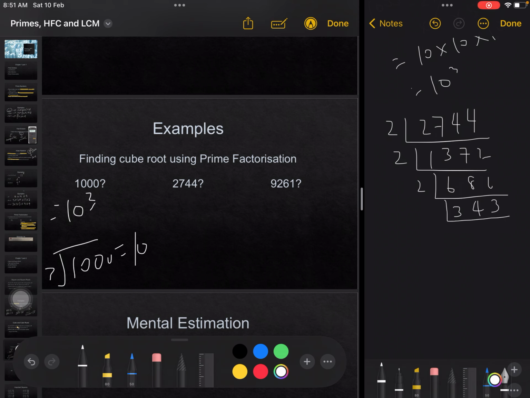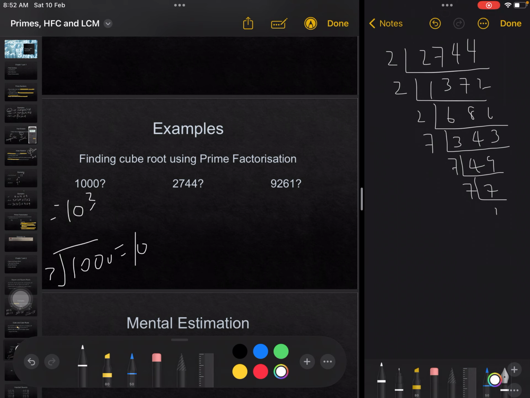Let me see, 343, you have to use calculator. Divide by 7. We have 49. 7, 7, 7, 1.